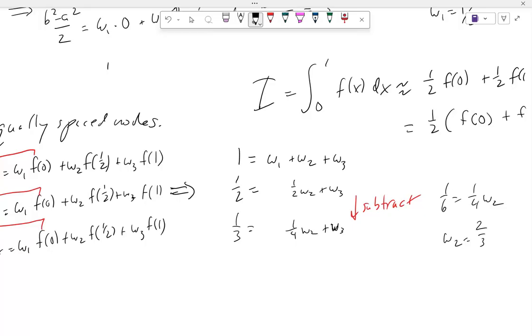From that, we should be able to figure out W3. Use the second equation or the third equation. Doesn't matter which. I'll use the second equation. 1/2 equals 1/2 times 2/3 plus W3.